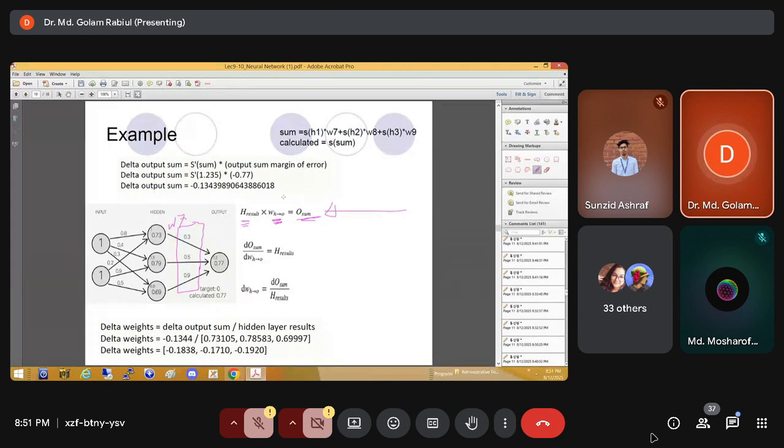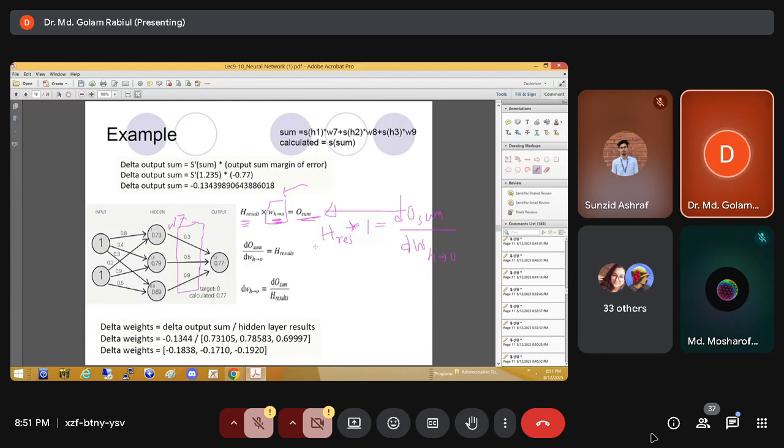Now, what we have to do is take the derivative of this equation with respect to W. If we take the derivative of this equation with respect to W, then it will be the hidden results times the derivative with respect to W. Here this is W, so it will be 1, equal to delta O sum by delta W hidden to output.